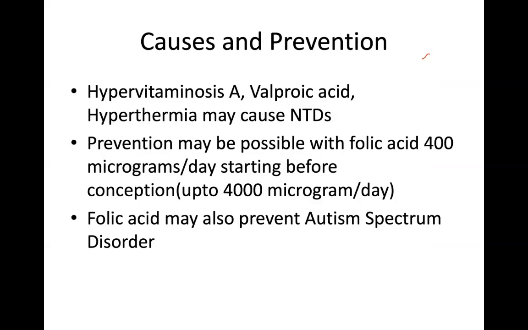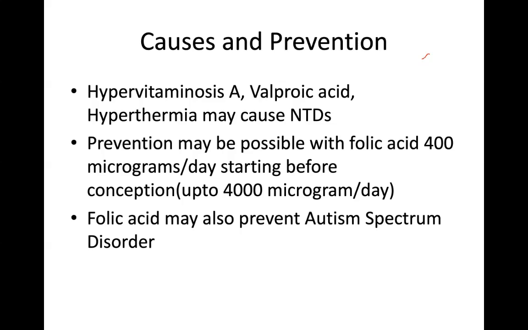There are many causes, but generally it has been seen that these days vitamin A is recommended for improvement of skin quality by dermatologists. And a lot of young girls use topical creams which have vitamin A. And those who are very aggressive in their treatment also take vitamin A orally.